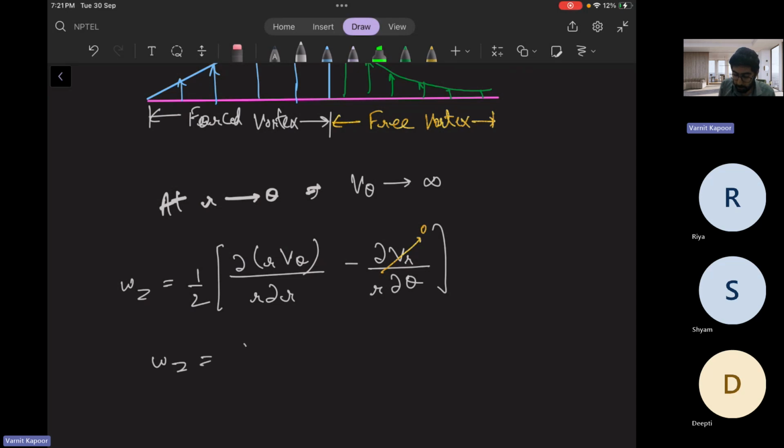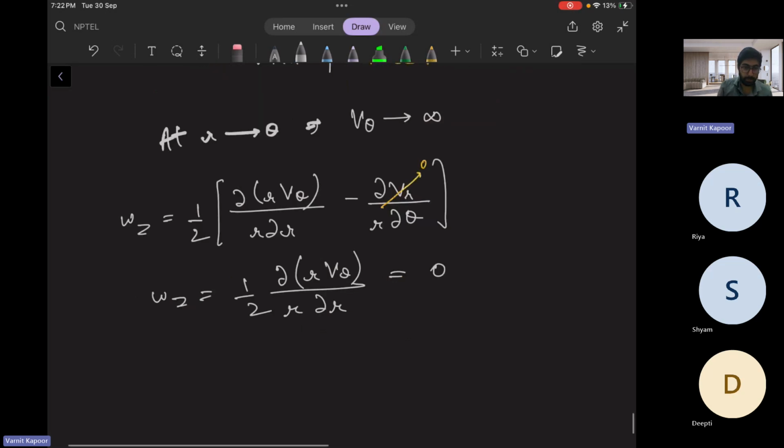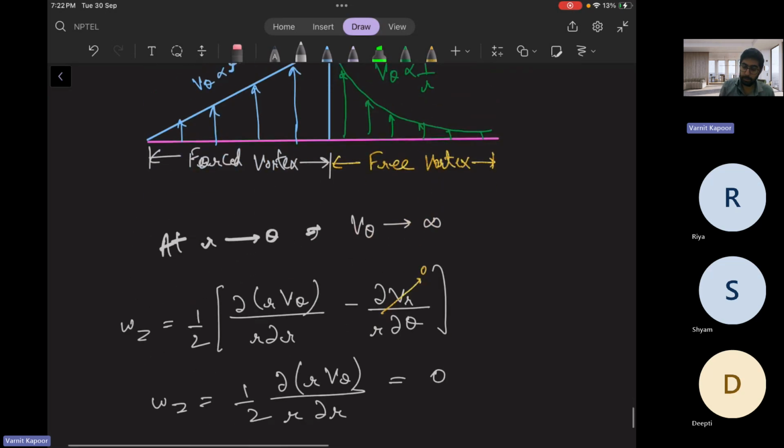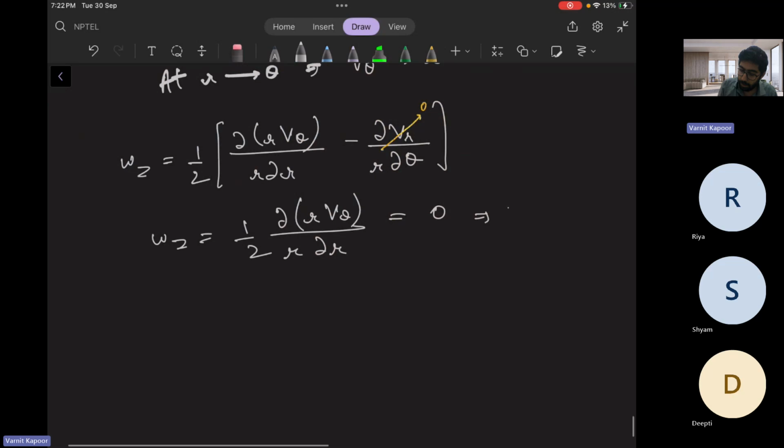I'm showing another way to do that. First I did it through the momentum, torque equal to 0, but now it is nothing but 0 for irrotational flow. Okay, for irrotational flow.